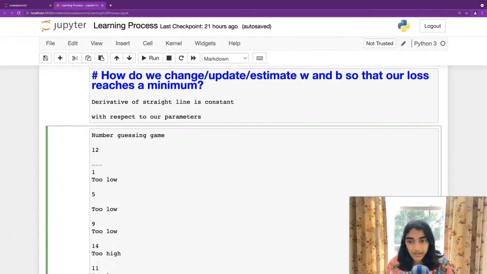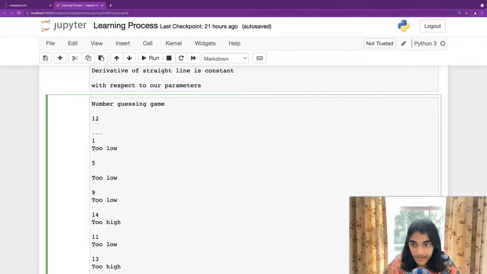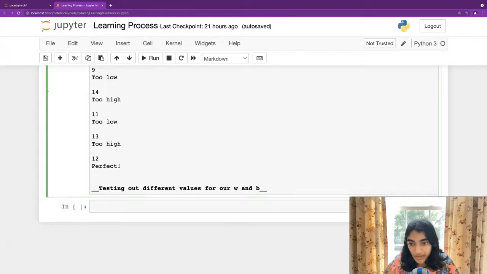We are just trying to figure out the best value. So we're taking the difference between the predicted value and the actual value. That's what we do with our situation too.